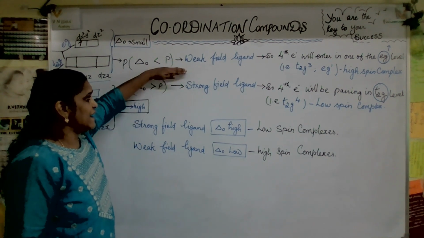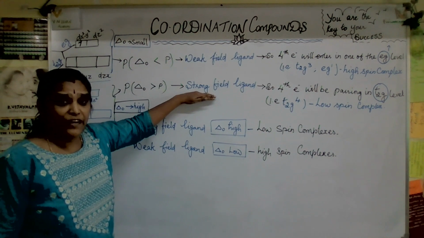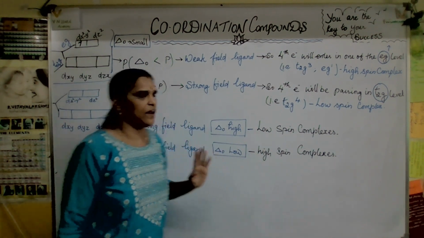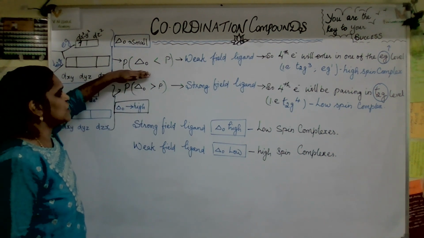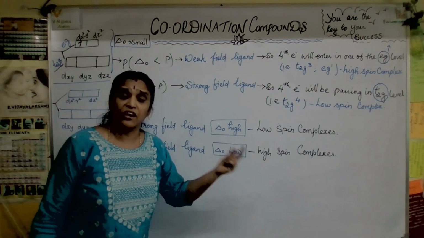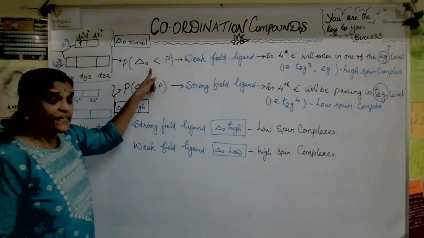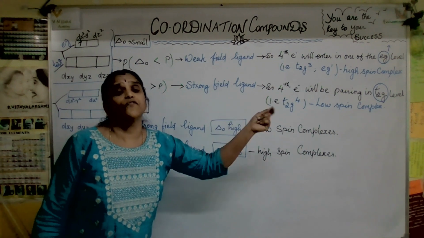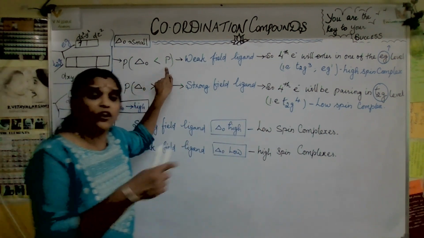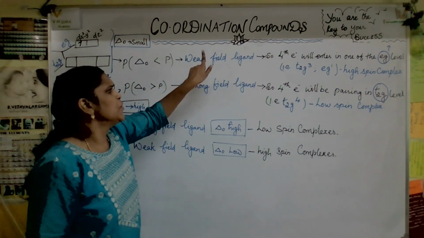Now, you can clearly make out how the electrons fill in the d orbitals for weak field and strong field ligands. In the first case, delta naught, the crystal field splitting energy, is lesser than P, the pairing energy of electrons in the orbital. That is a weak field.